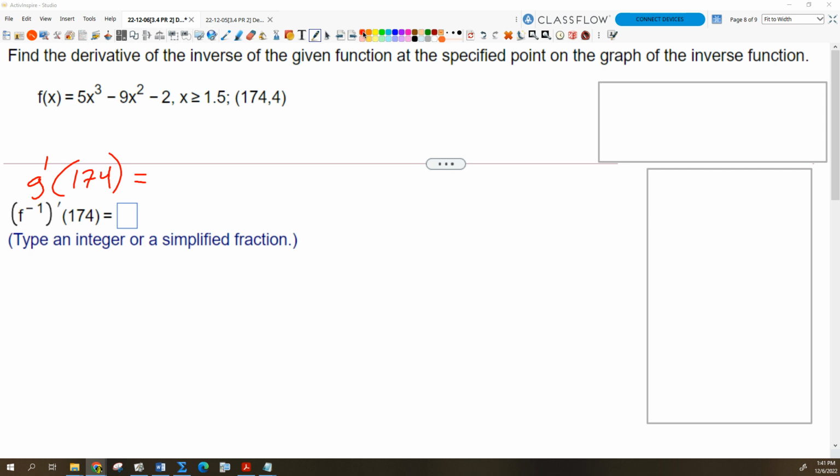Okay, well, how am I going to set up that derivative? What's G prime of 174 equal to? Because I know a bunch of stuff about F. 1 over F prime of G of 174.